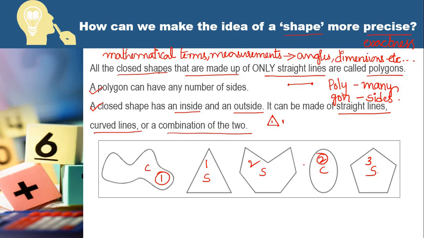These three figures are of two types. What are they? Closed figures and open figures. How many types of figures are there, children? Two types. One is closed figure, another one is open figure.